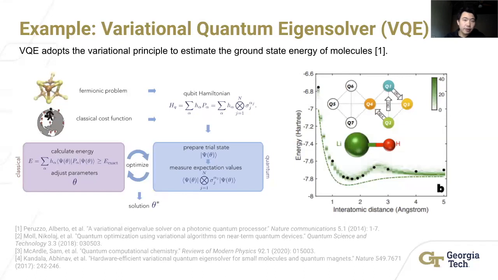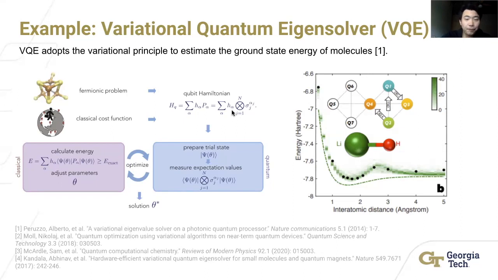VQE is a very famous variational algorithm. It adopts the variational principle from quantum mechanics to estimate the ground state energy of molecules. So you would build a molecule as a discretized Hamiltonian, a qubit Hamiltonian, and express it as a linear combination of Pauli matrices.